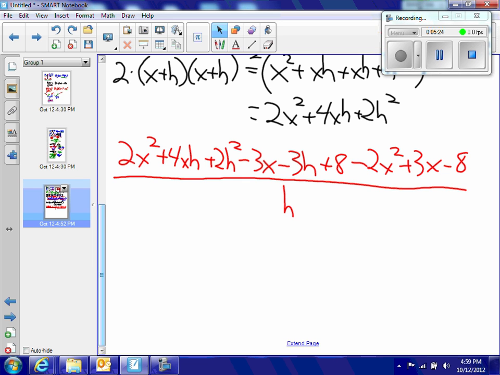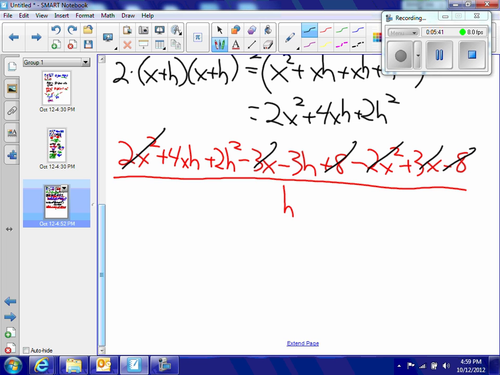It looks nasty, but it's really not, because I have a 2x squared and a negative 2x squared. And I have a negative 3x and a positive 3x. And I have a positive 8 and a negative 8.